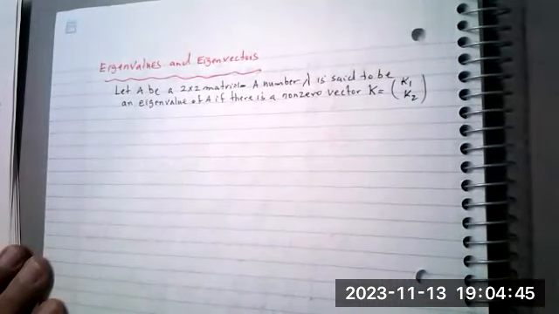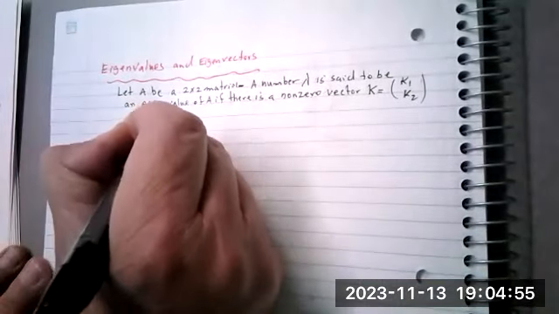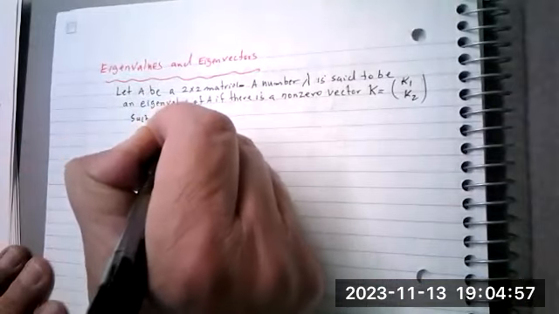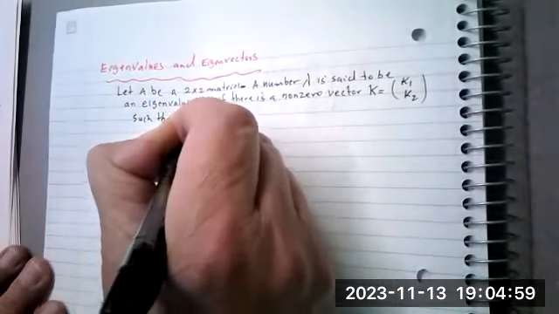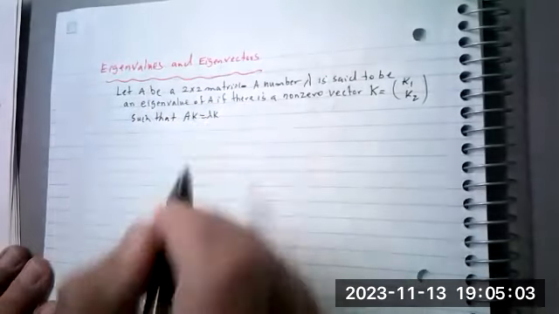Let A be a 2 by 2 matrix, and the number lambda is said to be an eigenvalue of A if there is a non-zero vector K such that AK equals lambda K.